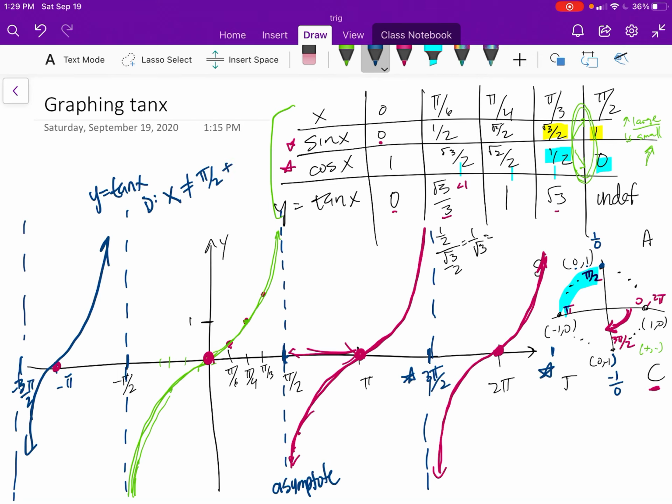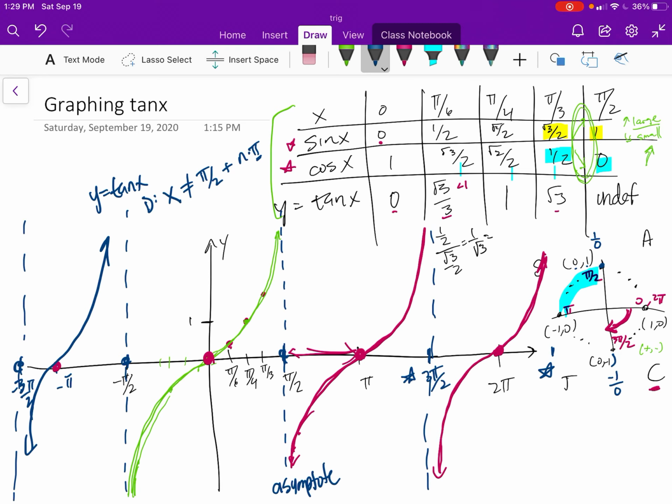But we also cannot subtract a pi, right? If I went back 1 pi or back 2 pi. So again, there are various ways to write this. We could say x cannot be pi over 2 plus n times pi.